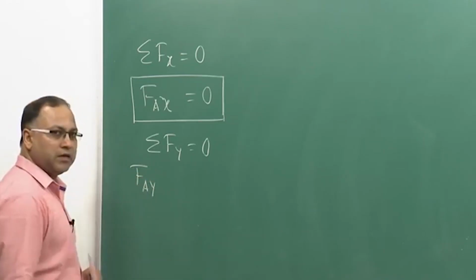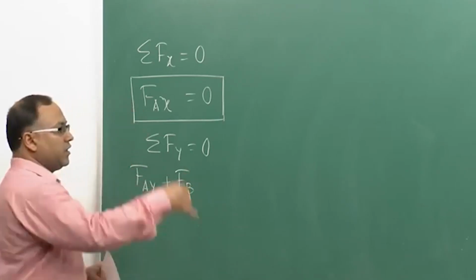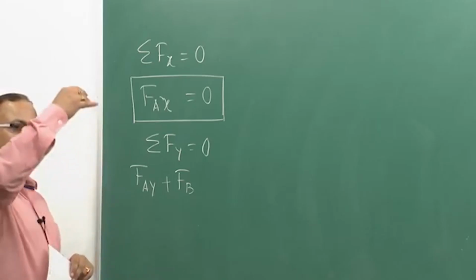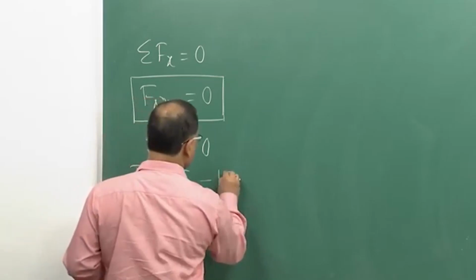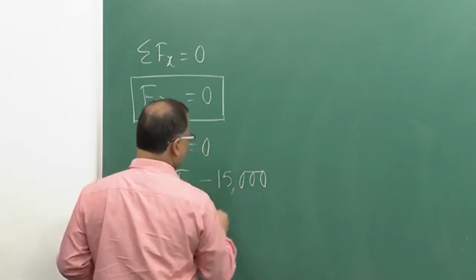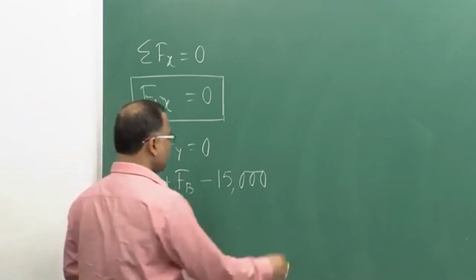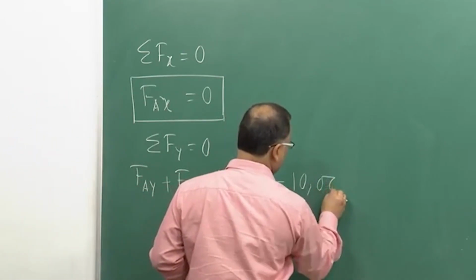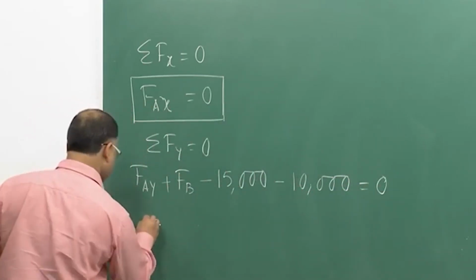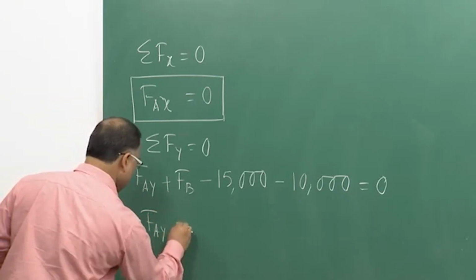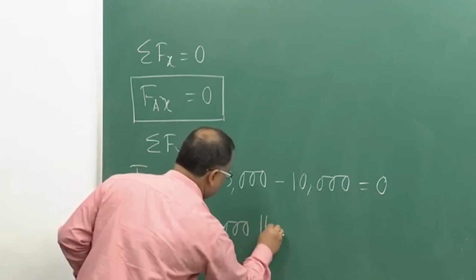First of all, Fay plus Fb, all acting along the positive y direction, minus 15,000 pound, which is acting at point F in the vertical downward direction, minus 10,000. That gives me 0. So, from this I can get Fay equal to 10,000 pound.